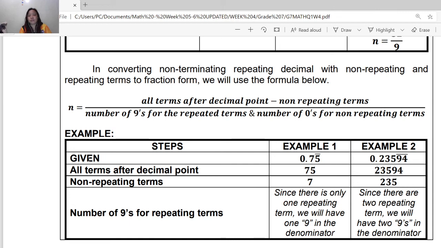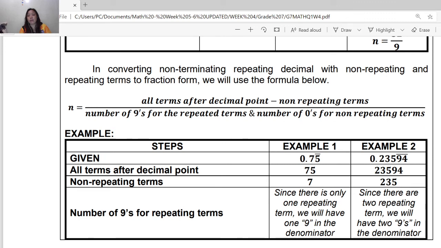So here, to convert that to fraction, we have to get all the terms after the decimal point minus the non-repeating terms, divided by the number of nines for the repeated terms and the number of zeros for the non-repeating terms.